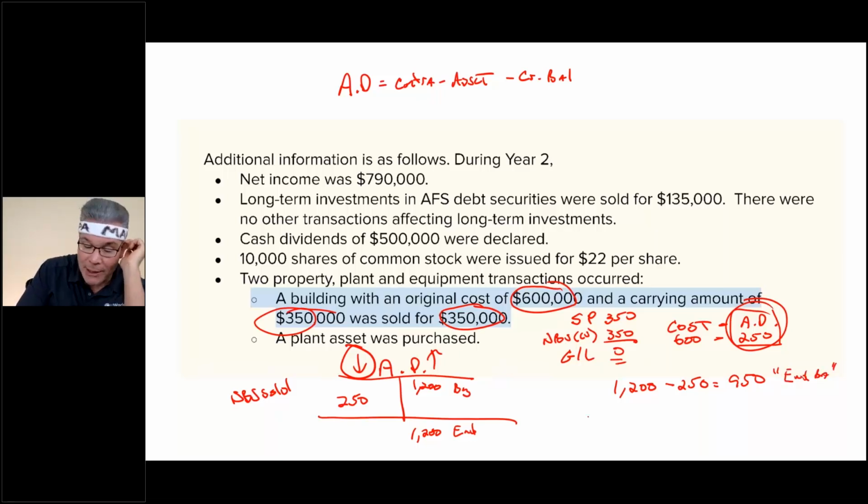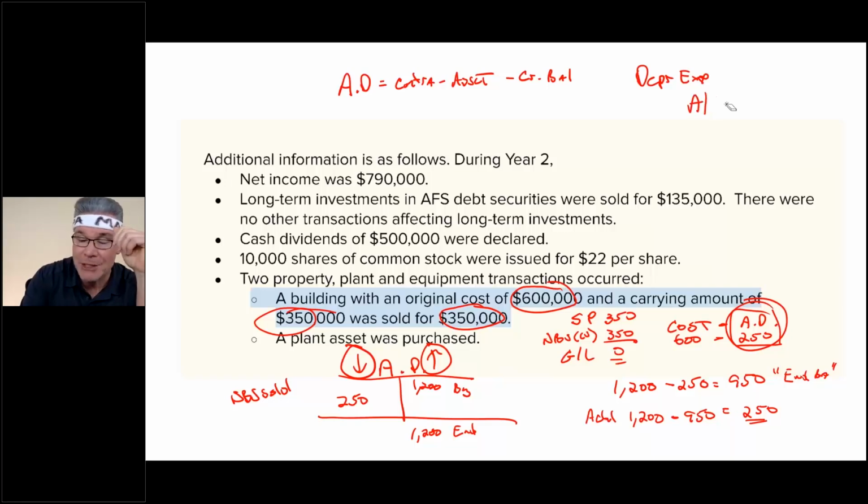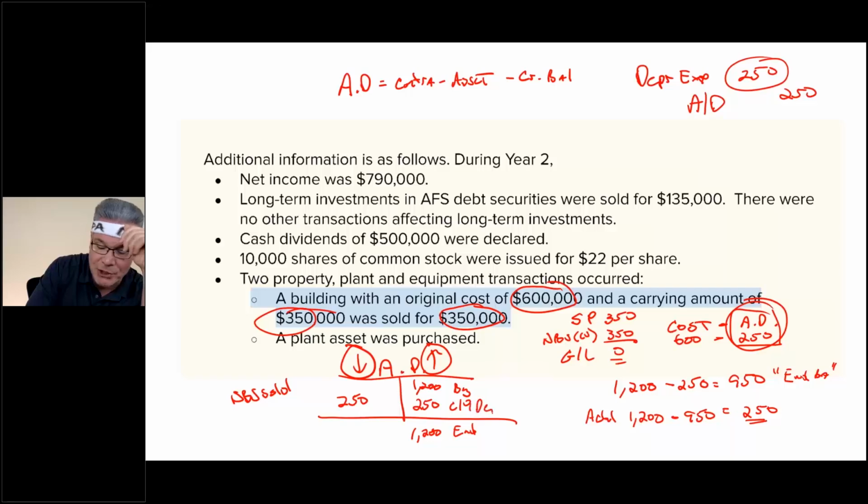My actual ending balance is $1.2 million, not 950. What's that difference? 250. So folks, what makes accumulated depreciation go up? Current year depreciation expense, you debit expense, you credit accumulated depreciation. So my current year depreciation has got to be what amount? 250. That's your current year depreciation.